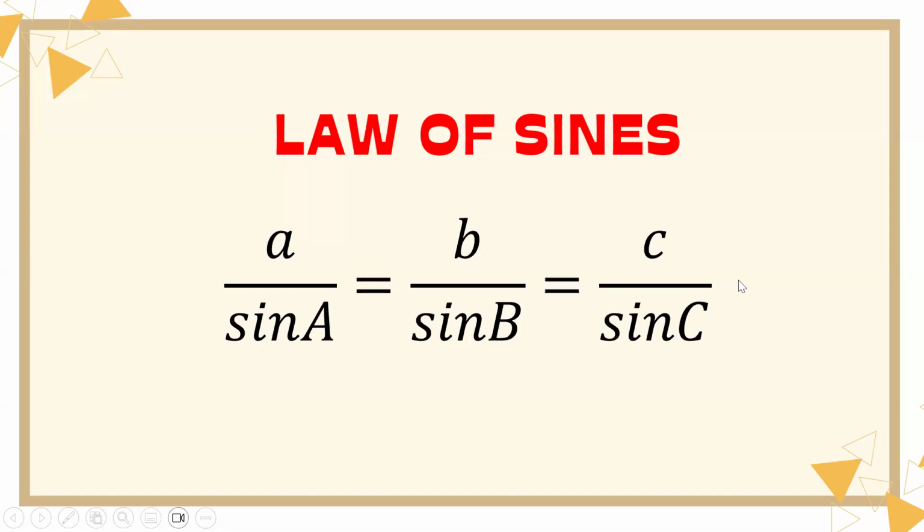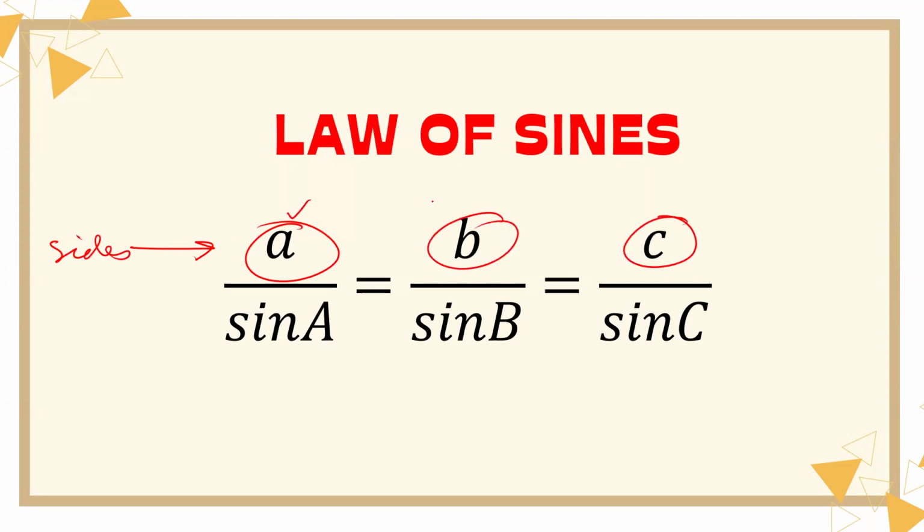So as a review, we have this equation for the law of sines. And remember that in the law of sines, in the numerator, we write the length of the sides. So A, B, and C correspond to the length of the sides or the legs of the triangle, whereas in the denominator, we have the sine of the angles opposite those sides.